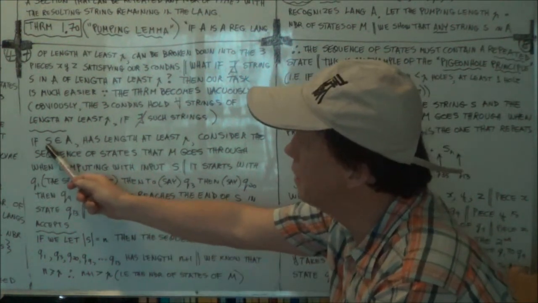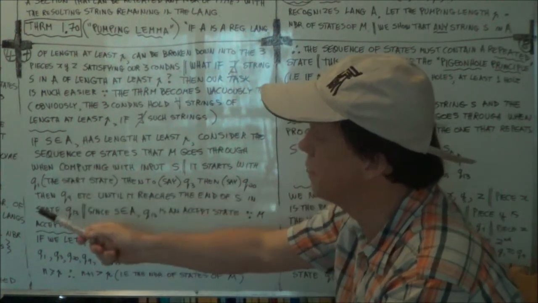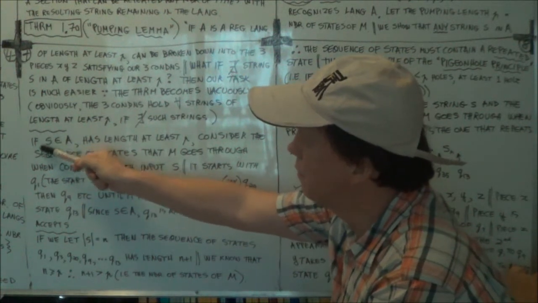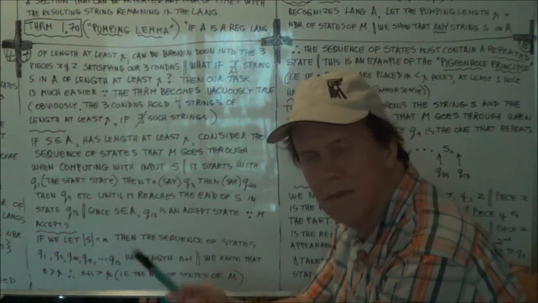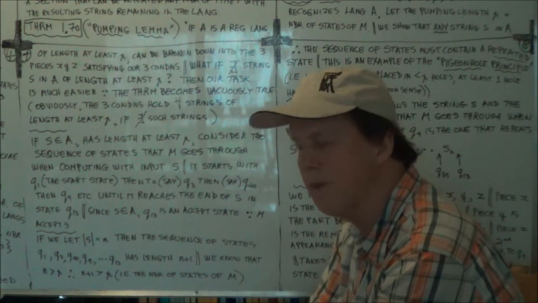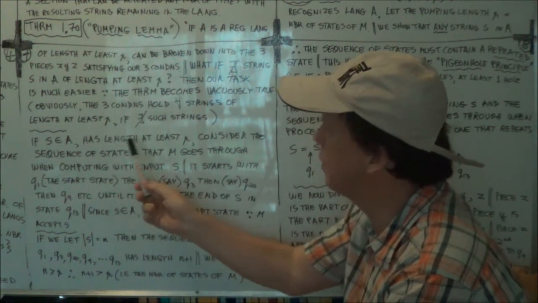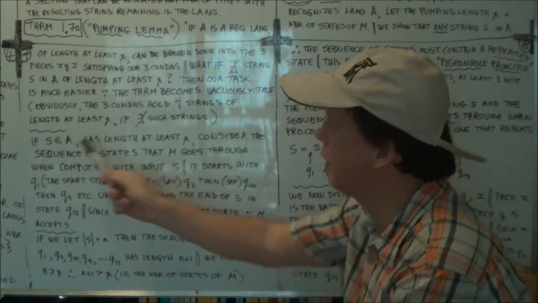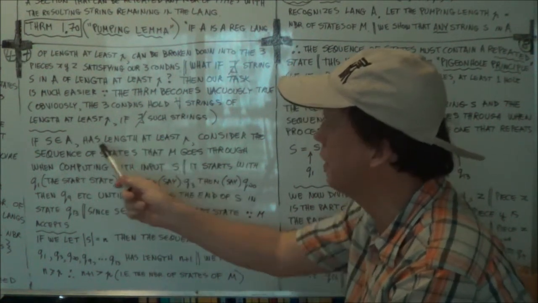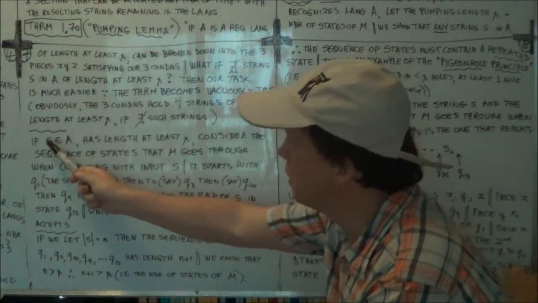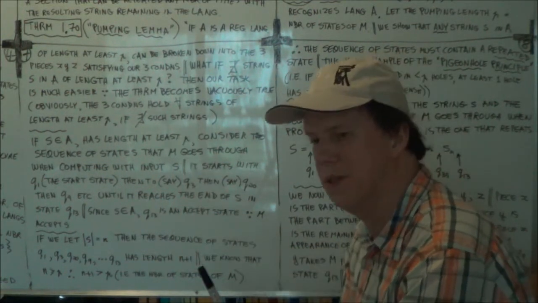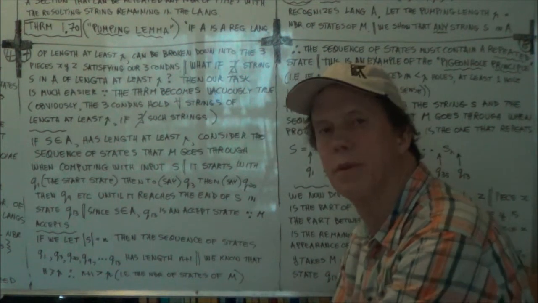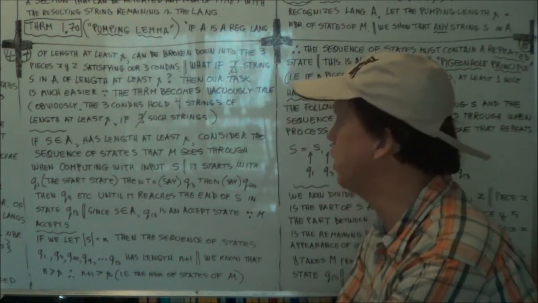So if n is the size of your string, so if the length of S equals n, then n will be greater or equal to p. Now in fact we'll use that a bit further on, okay? So assume that your S has at least length p. In other words, the number of states in your machine M.